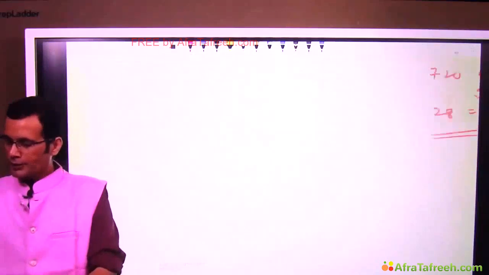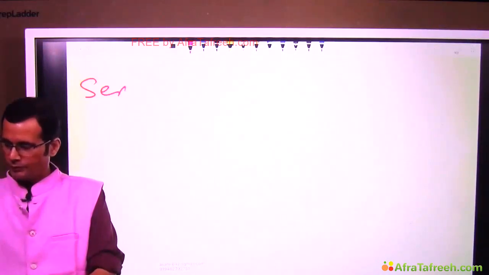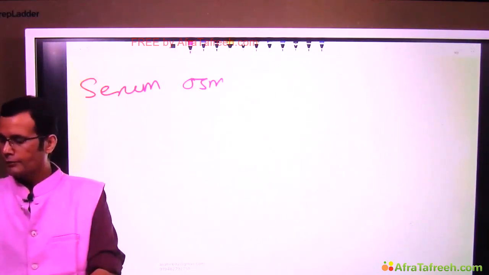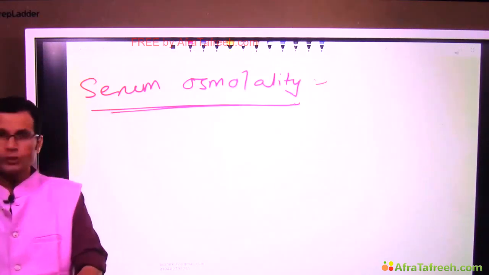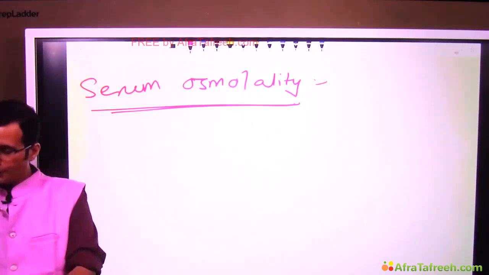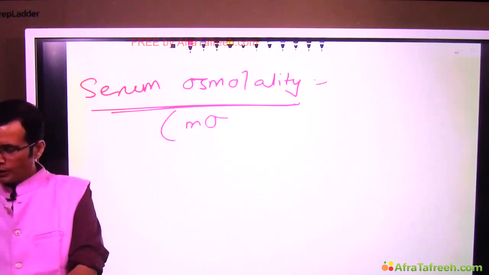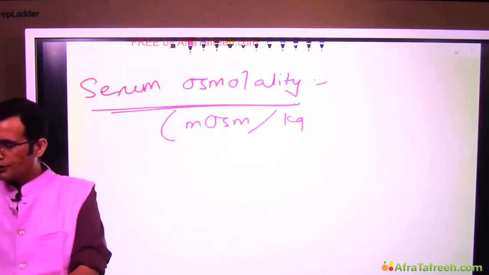Serum osmolality is calculated by this formula. And of course, since we are talking of osmolality, it would be in milliosmoles per kg of water.